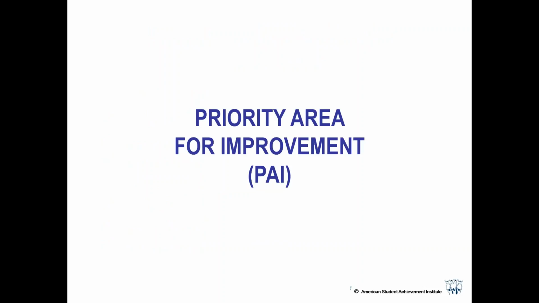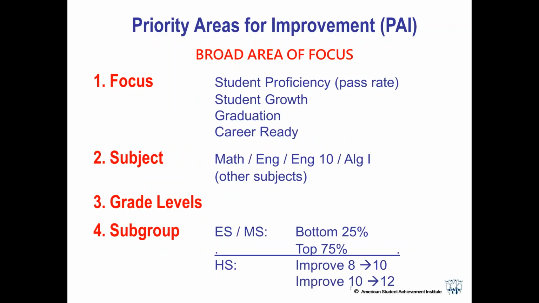Okay, so let's look at those broad areas first. And again, a PAI, or a priority area for improvement, is a broad area of focus. So when you're defining your PAIs, you're going to ask yourself these questions. What's the focus of this broad area? We're looking at pass rate on ISTEP or ECA.